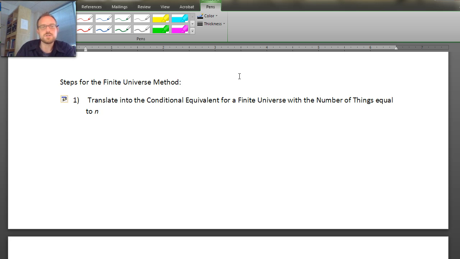The first thing to do is to translate whatever predicate statement you have into whatever finite universe you're going to build, whether it has 1, 2, 3, or whatever number you're using. Make sure to translate it accordingly.